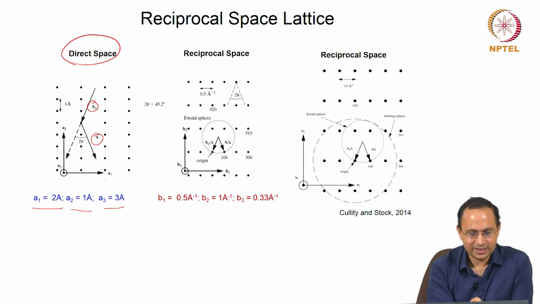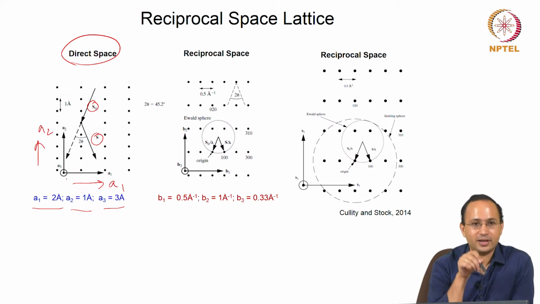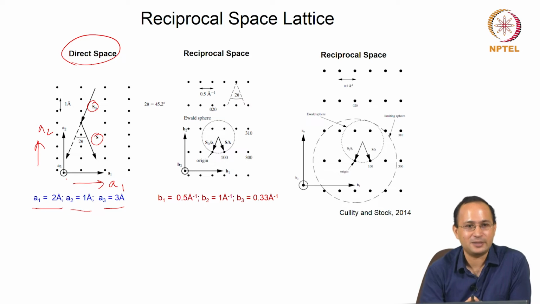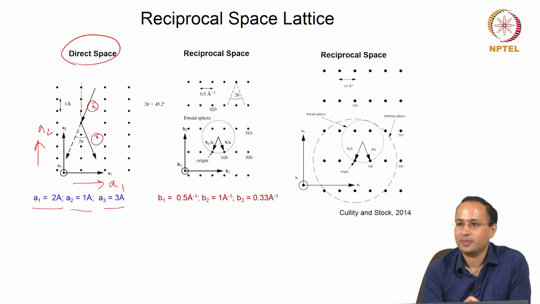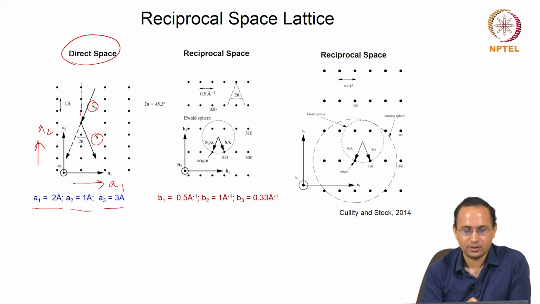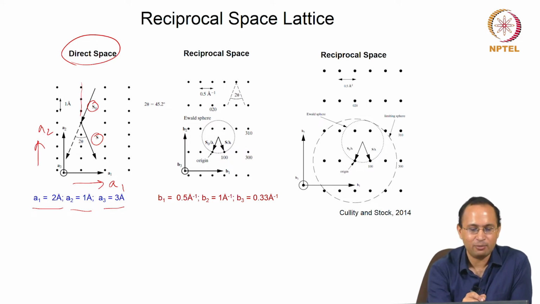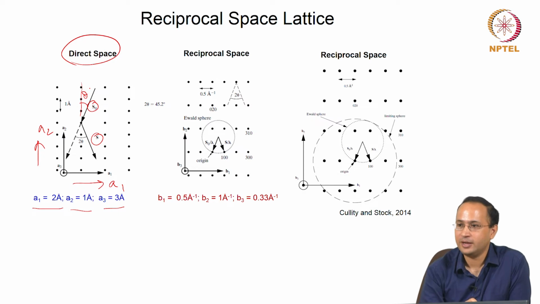A1 is in this direction, A2 and A3 come out of plane. This is the direct space, this is just the arrangement of atoms. We are talking about now a plane where you have incident beam S0, diffracted beam S. Okay, and you know that the angle between diffracted beam and transmitted beam is 2 theta, because this is theta, right.